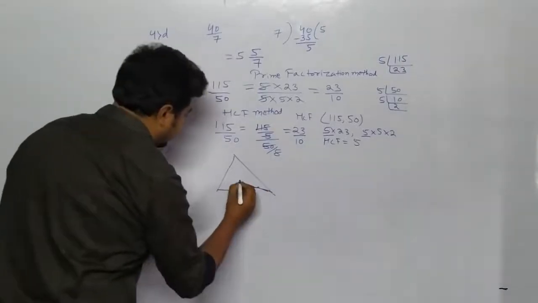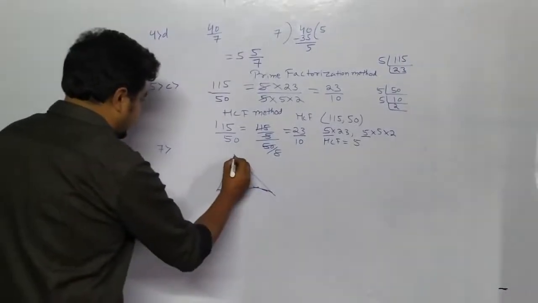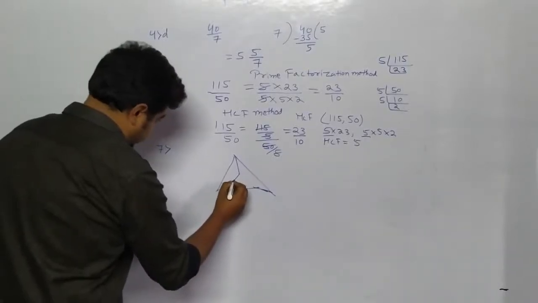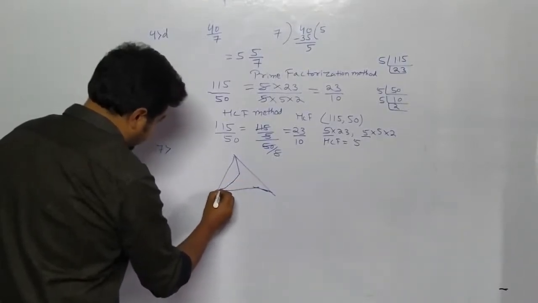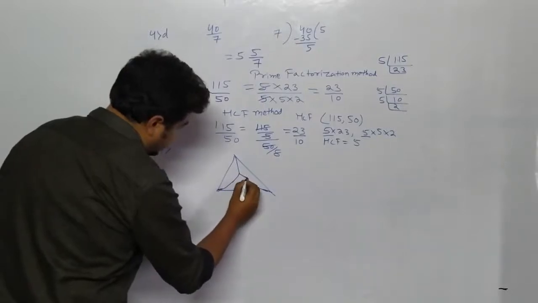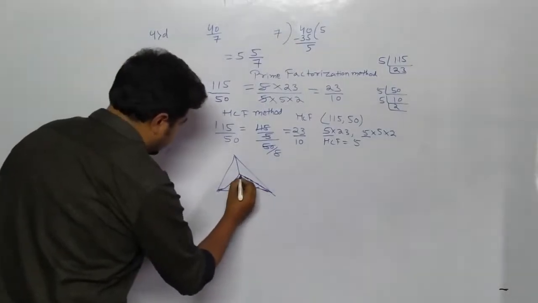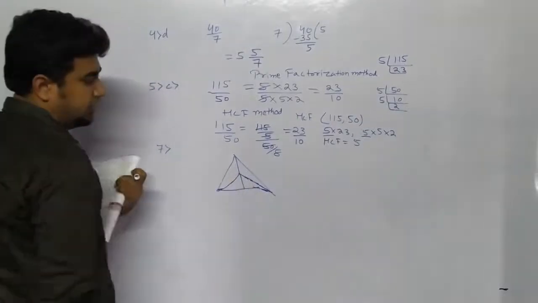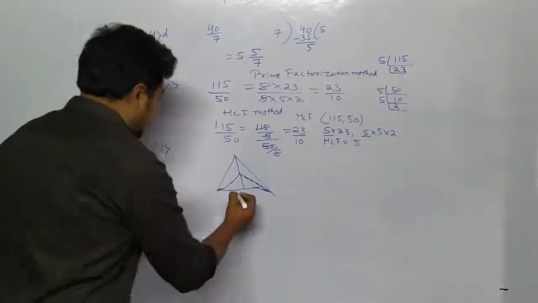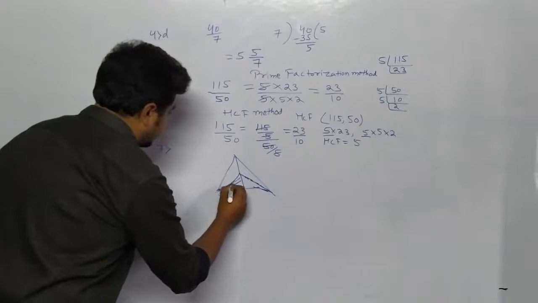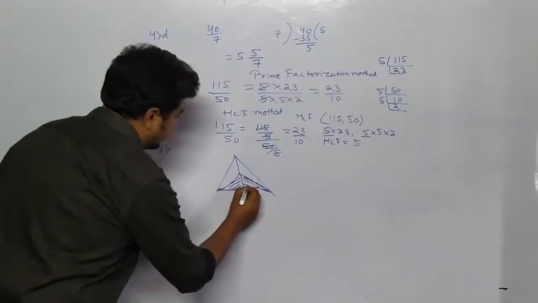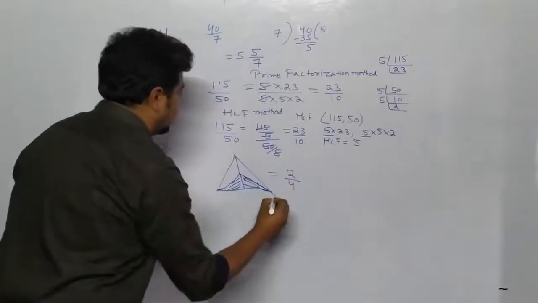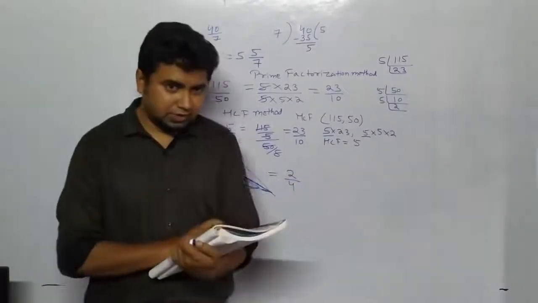Then you have to divide it into 4 equal parts: 1, 2, 3 and 4. Out of these 4 parts, you have to shade 2 parts. I am shading 2 parts, hence you can write this as 2 out of 4. This is question number 7.